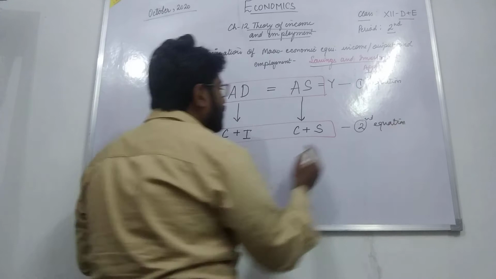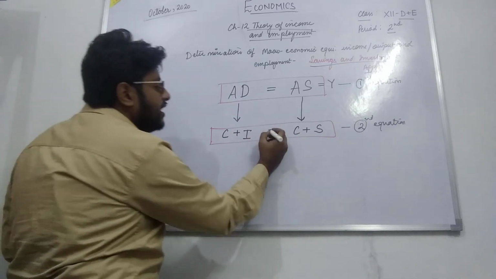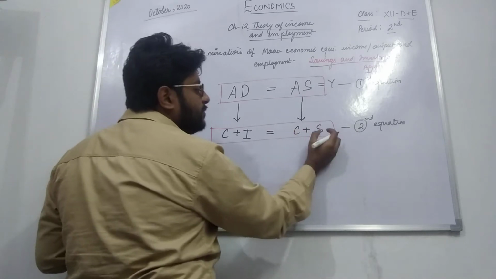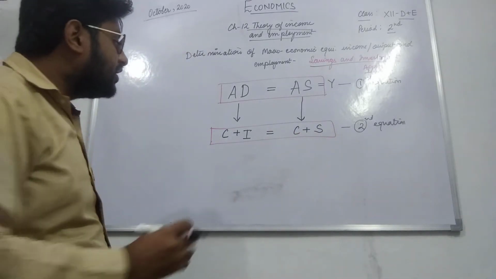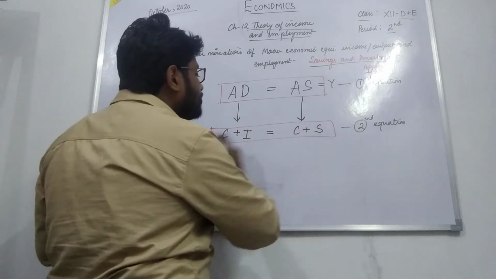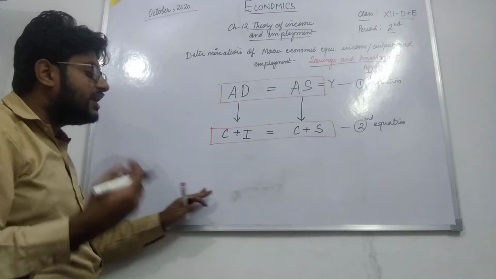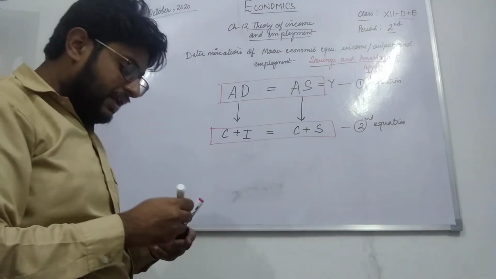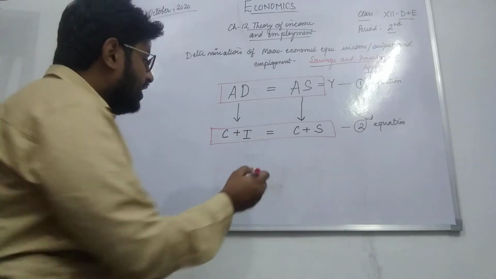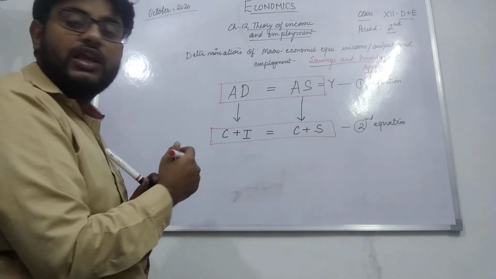So we can also write it as: consumption plus investment expenditure must be equal to consumption plus savings. Since it is a mathematical rule, on either side of the equals sign, if there is any common variable, then it gets cancelled. We cancel the common variables on either side of the equals sign.